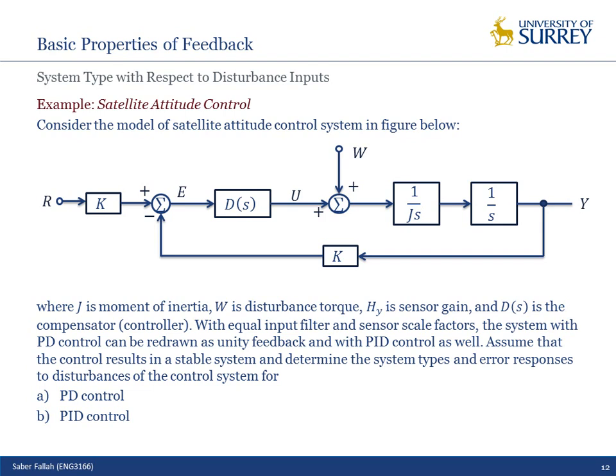And I have a controller D of s. In forward, I have a unity feedback. Sorry, this one is a unity feedback. You need to remove k. Or you can keep it because I have k here as well. It doesn't matter. It is k and k.